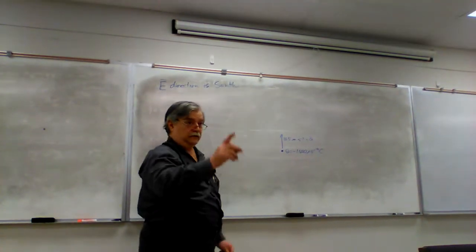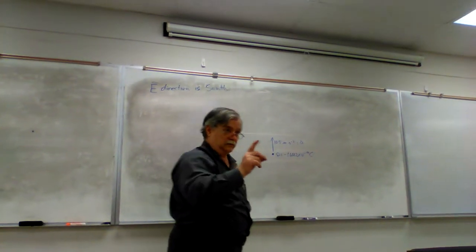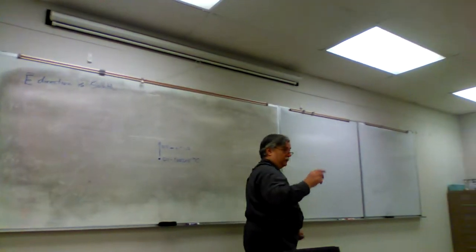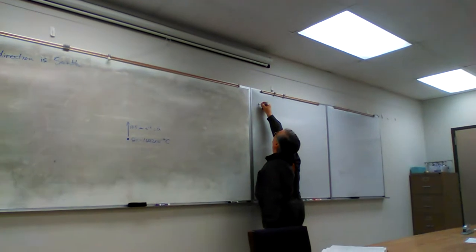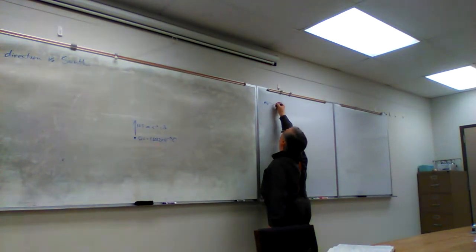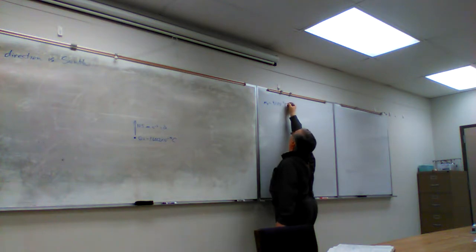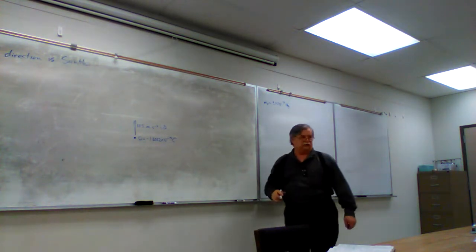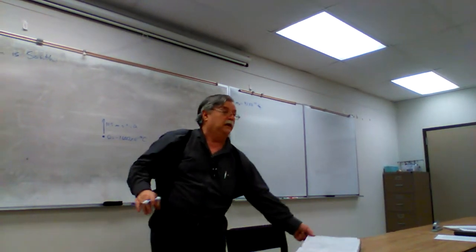Now, here is another time where it really matters whether you're talking about an electron or a proton. Mass of an electron is 9.11 times 10 to the minus 31 kilograms.